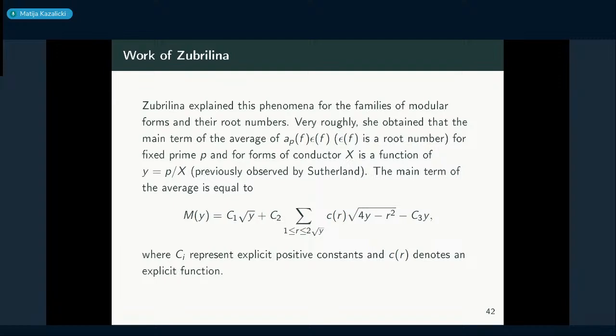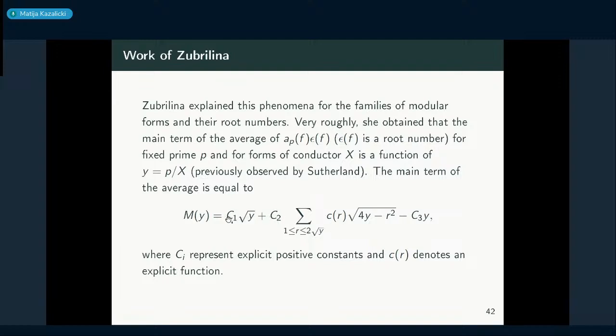Very roughly, she obtained that the main term of the average of a_p of a modular form times the root number of the modular form, for fixed prime p and for forms of conductor around X, is a function of p over X, and this was previously observed by Sutherland. And she computed that the main term of the average is equal to some very explicit function.